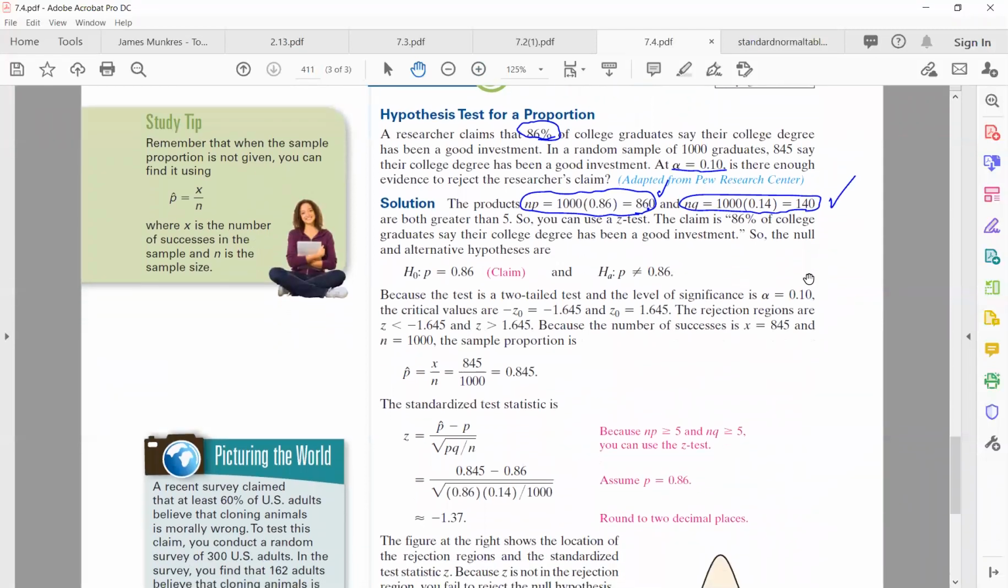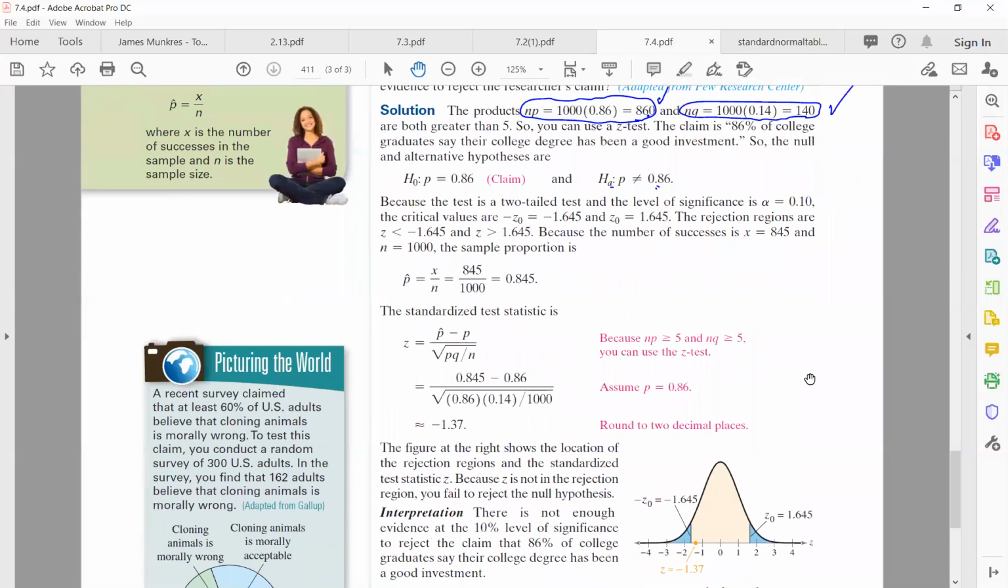Our null hypothesis says the proportion is 86%. Our alternative hypothesis says the proportion is not 86%. Since your alternative hypothesis says not equal to, you have a two-tailed graph, with rejection regions on the left and right-hand side. Now alpha is equal to 10%. We have to use our Z table.